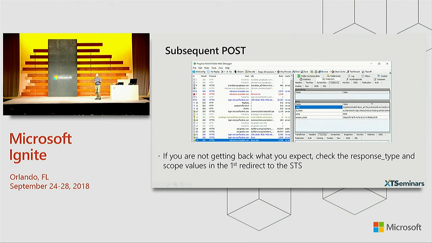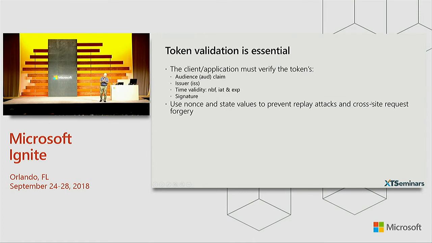Now, one of the things that we need absolutely to make sure of is that our tokens are being validated properly. And one of the things you can do is to check that validation: the audience should be checked, the issuer should be checked, the time should be checked for validation, but also equally well, and most importantly, the signature should be checked.